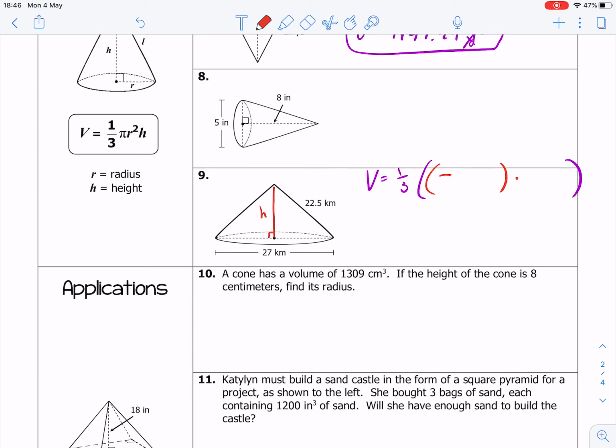The area of the base is going to be pi, the diameter is 27, so half of that, 13.5 squared. And then we have to find h.